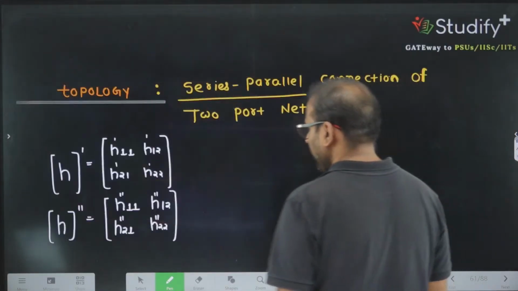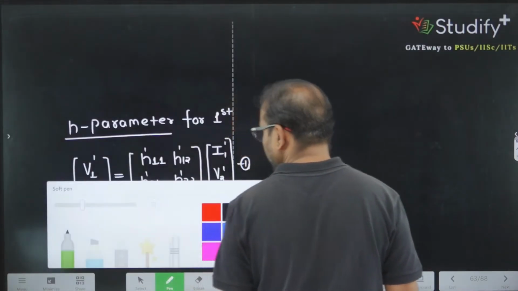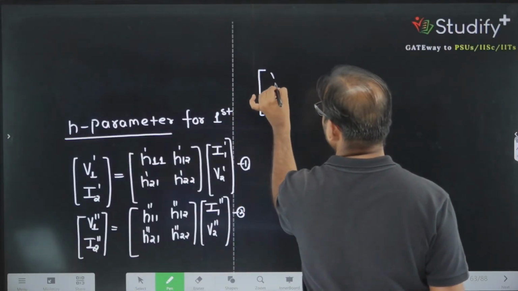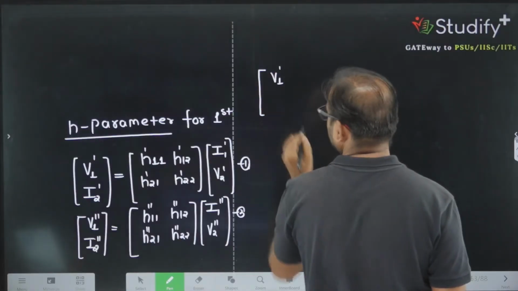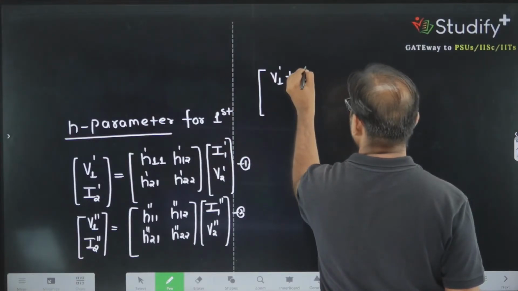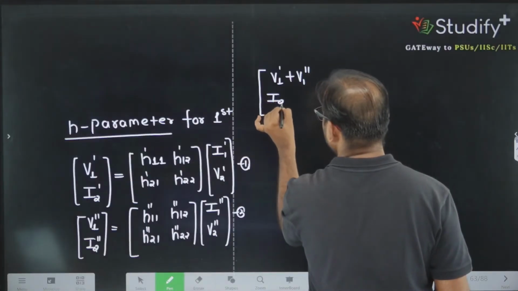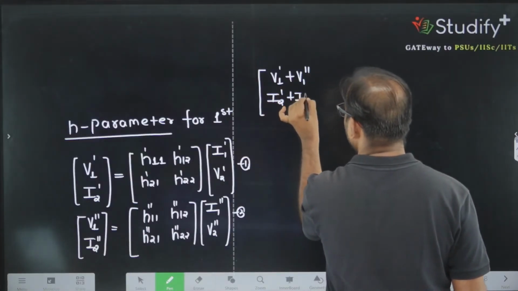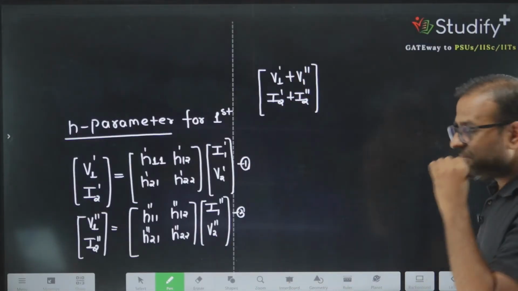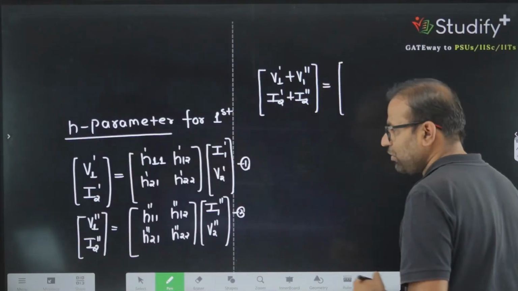So our whole equation, when I add this value, will be V1 prime plus V1 double prime, then I2 prime plus I2 double prime. Correct? And this is equivalent to, as given in the equation, we are adding both sides.